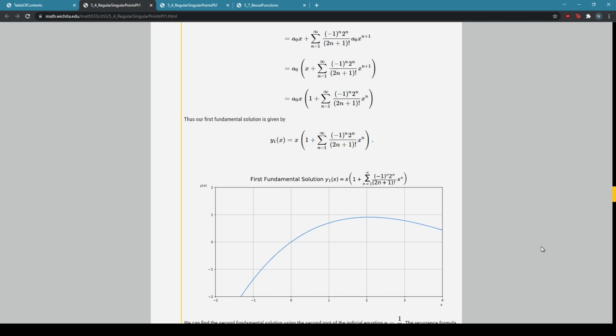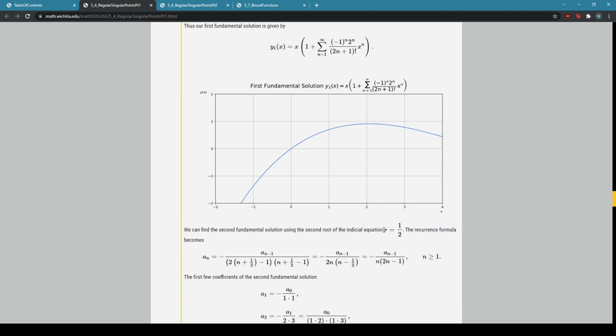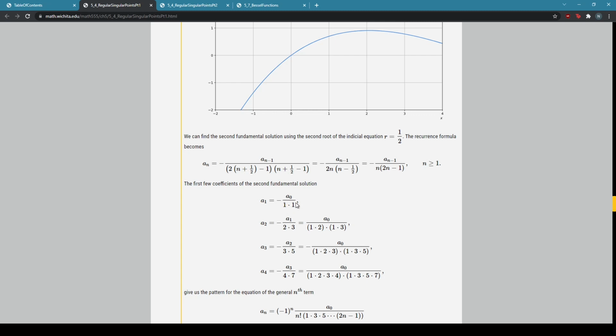In order to find the second solution, we follow a similar process, except we set r equal to 1/2 and then repeat the work that we have done here in order to construct the other solution that goes alongside. So what that does is it changes our recurrence relation because we change the value for r, and then we do some more work, we find more patterns, and we find that the pattern is fairly similar to the one that we had before.